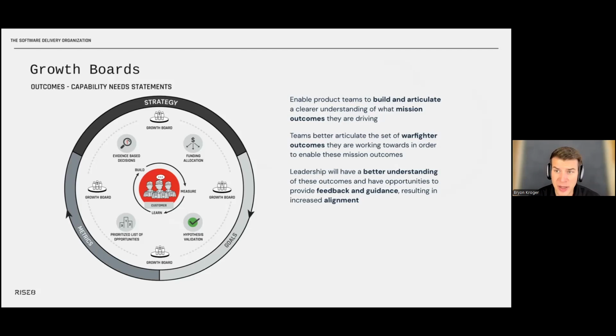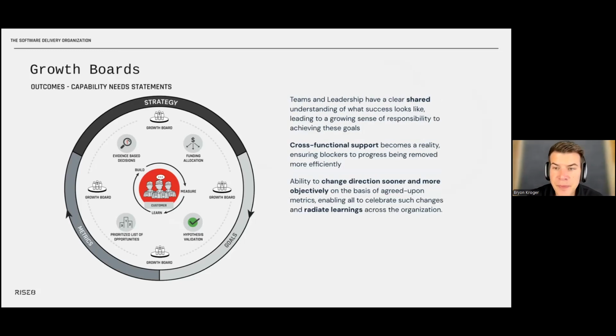So it's not one or the other, it's both. And then teams are better able to articulate the warfighter outcomes they're working towards. So we know the mission impact, but what are the changes in human behavior that are going to achieve those impacts? And then leadership has a better understanding, and they have opportunities then to provide feedback and guidance, good feedback and guidance, and increase the alignment.